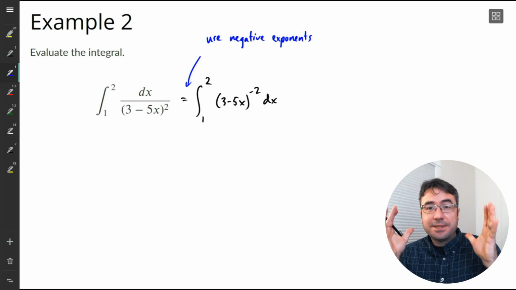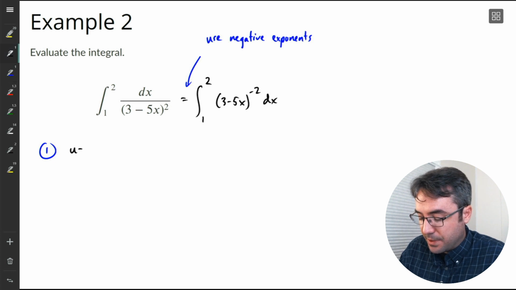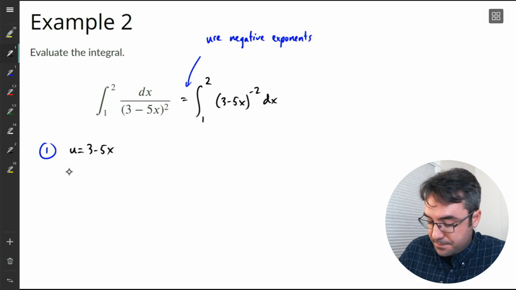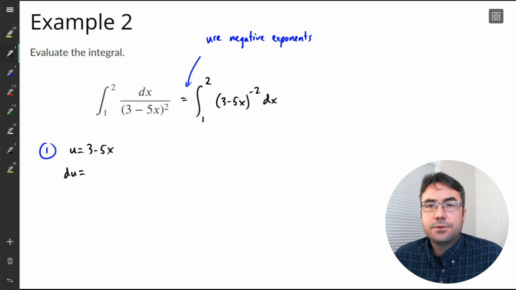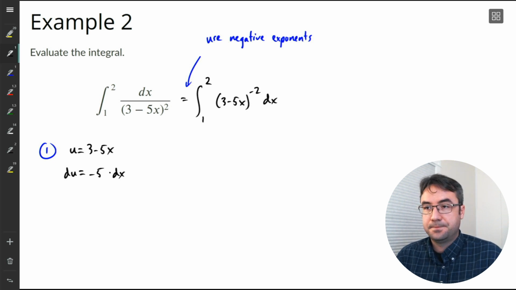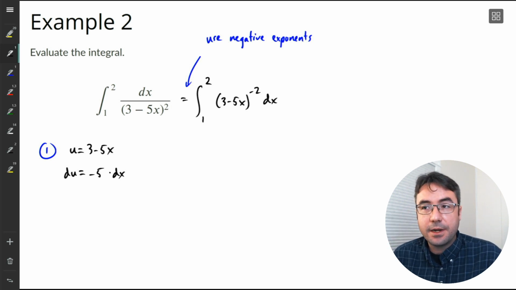We see a nice set of parentheses, so we know what we're going to pick for u. u is going to equal what's inside those parentheses, 3 minus 5x. We calculate du. The derivative of 3 minus 5x is negative 5 times dx. Now we see how our pieces fit in with what's up there in our integral.